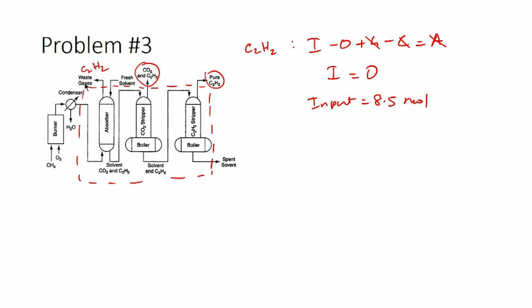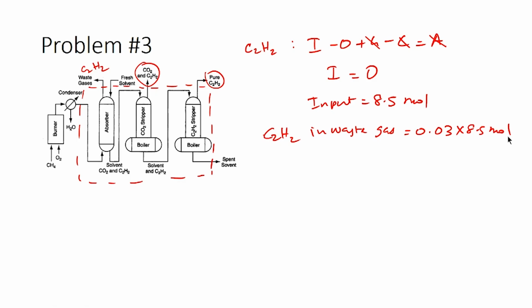This waste gas has 3% of acetylene, and 97% of acetylene leaves along with the solvent. This has been given to us in the problem. So, C2H2 in waste gas would be equal to 0.03 times 8.5 moles. This would be the first exit stream.